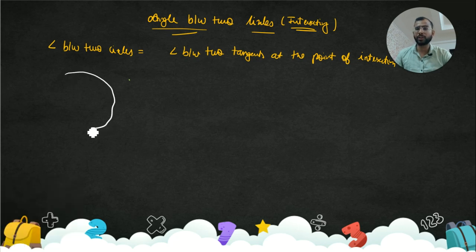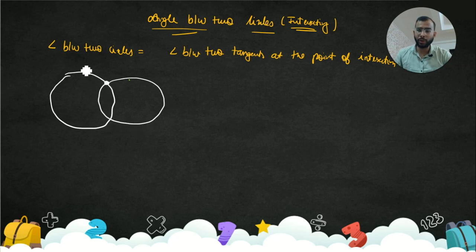So this is the first circle, dear students, and let's say this is the second circle. At this point, this is one of the tangents, at this point, this is another tangent, and we are interested in nothing but this angle between the tangents. I'll give you a brief idea.